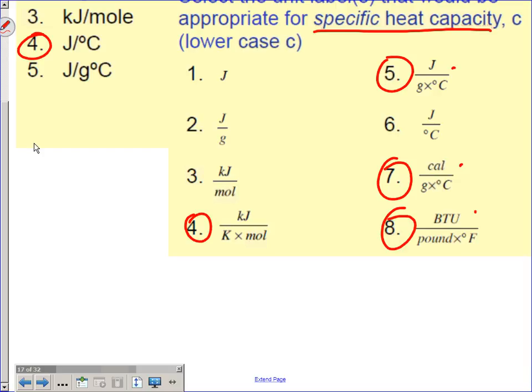BTUs are British thermal units. These are all forms of energy it takes to raise a certain mass, pound, mole, right, by a certain temperature, Celsius, Fahrenheit, and Kelvin. These are all different forms of specific heat capacity because they all follow that same template. Got me? But the one we'll likely use is this one.